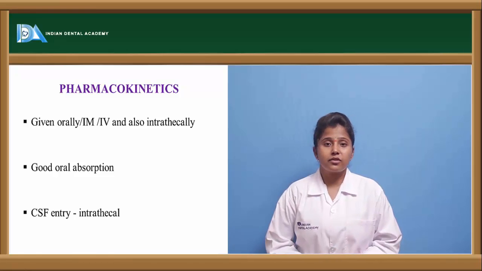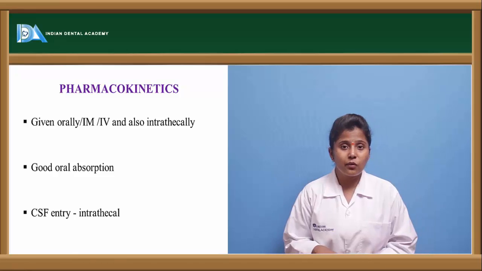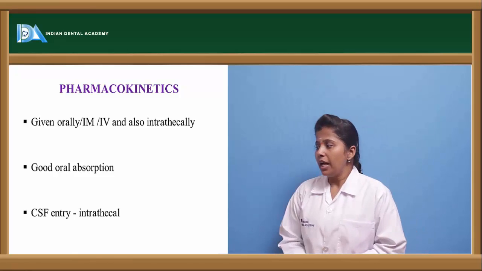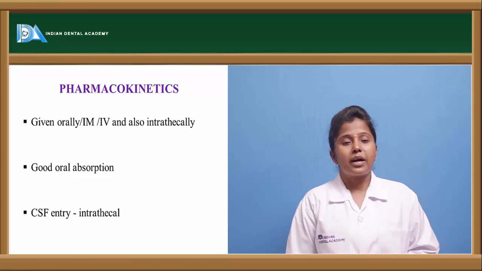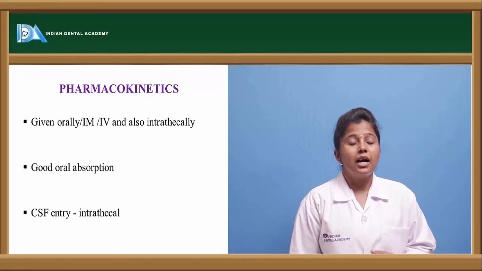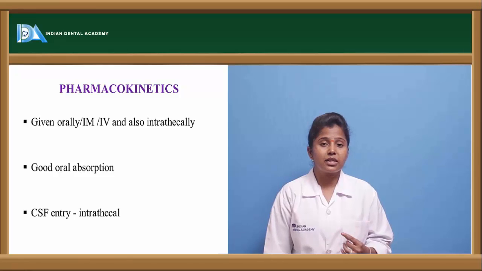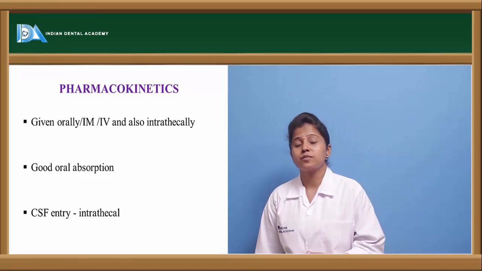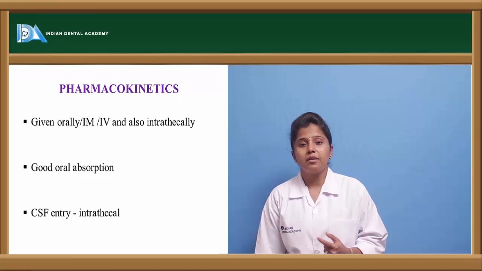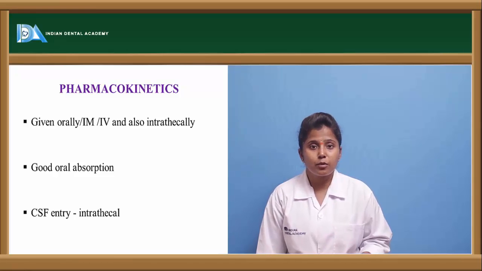But in the case of methotrexate, even if it is given orally, it shows good absorption, and there will be cerebrospinal fluid entry, in the sense that we are giving it through the intrathecal route. Intrathecal route is nothing but giving directly into the cerebrospinal region of the brain, and thereby it directly enters the cerebrospinal fluid.